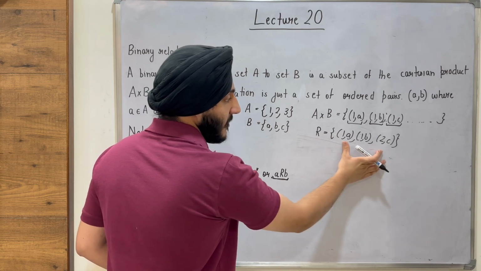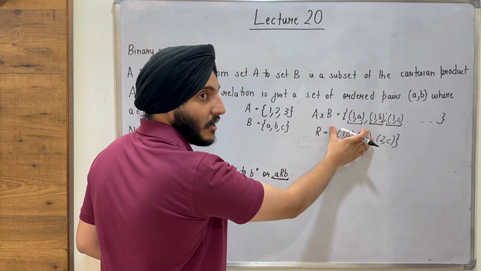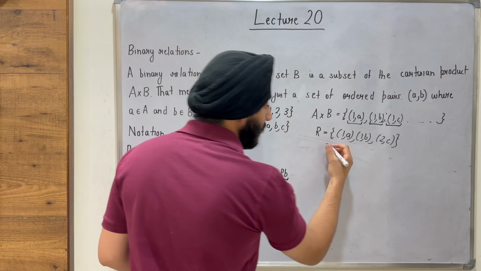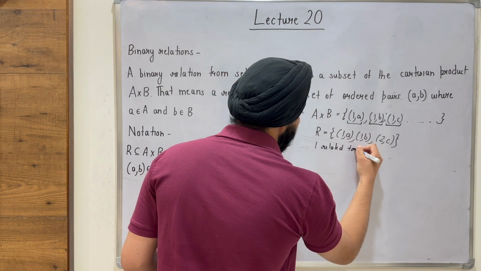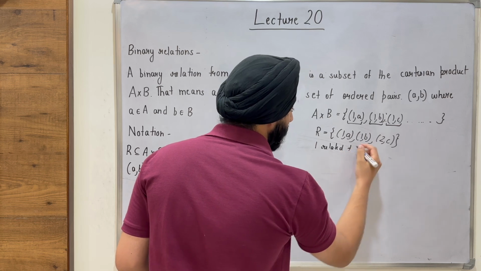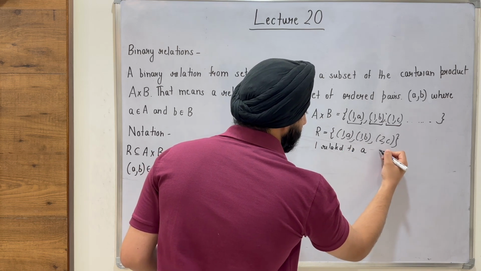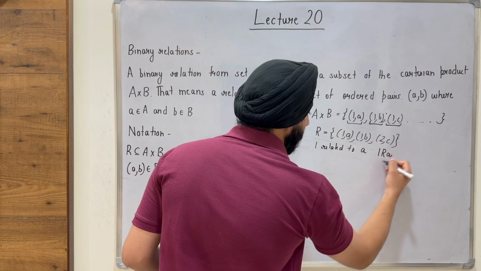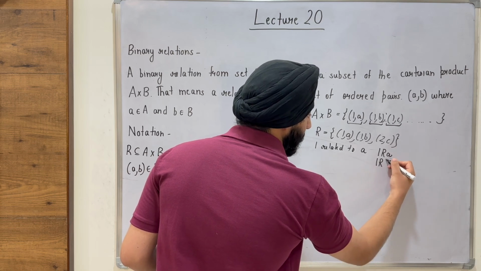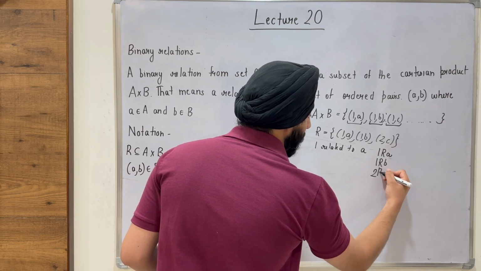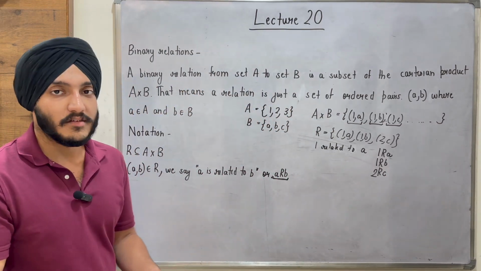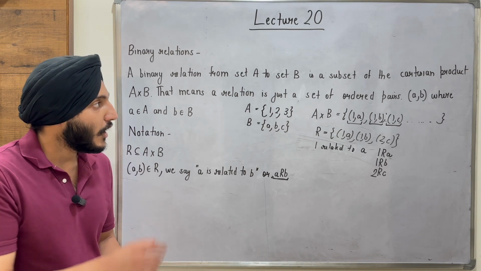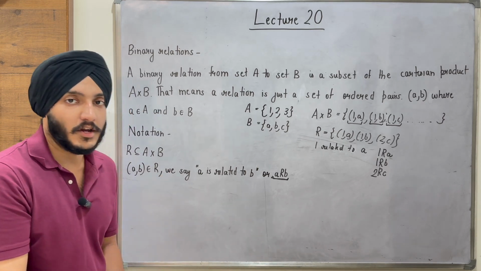This R is a subset of the Cartesian product, and the notation is 1 related to a. This can also be written as 1Ra. I can also write 1Rb and 2Rc. So this is the basic understanding of what a binary relation is, and I hope you're able to understand how it works.